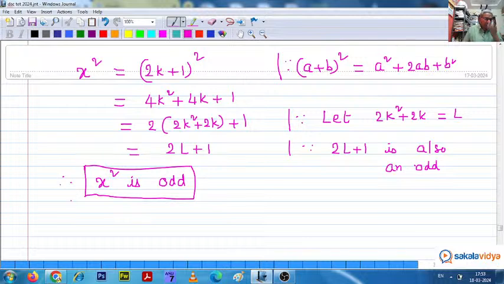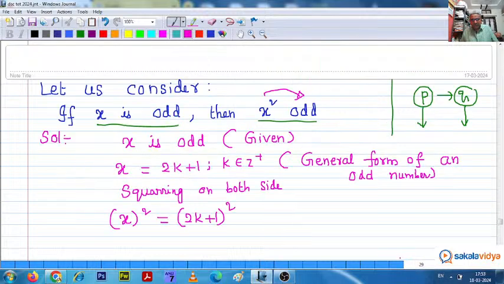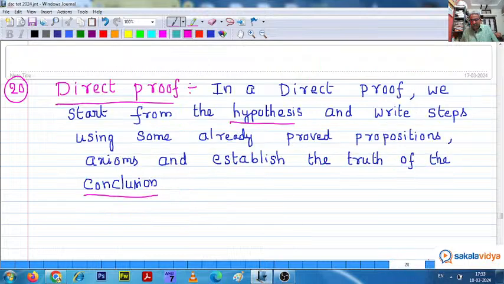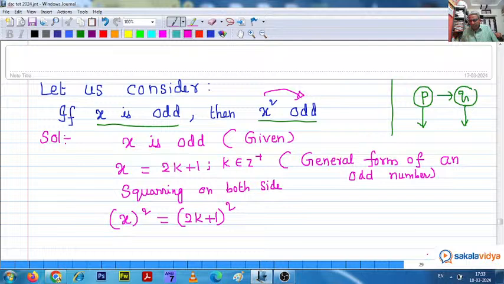So, next, let us move to the indirect proof now. In the examination you are asked one question: how do you prove if x is odd then x square is odd? What sort of method do you apply? Simply you need to say that with the help of direct proof, if x is odd then x square is odd, we can prove, right.